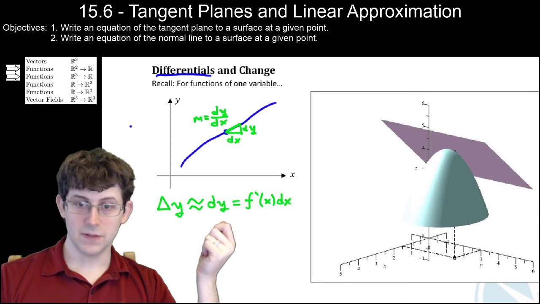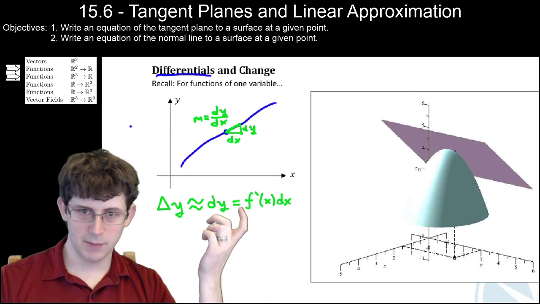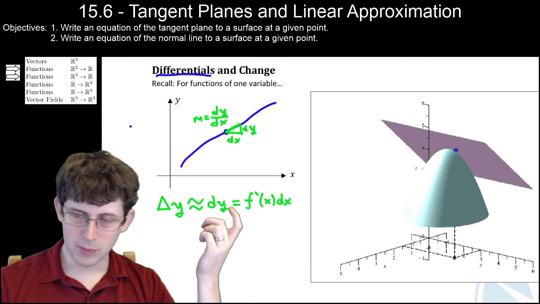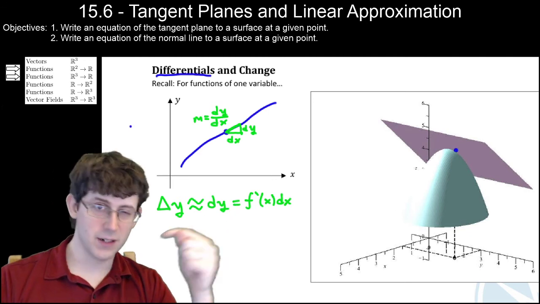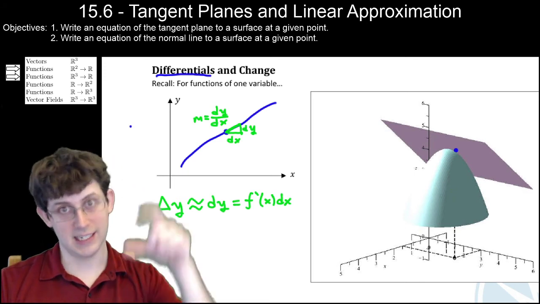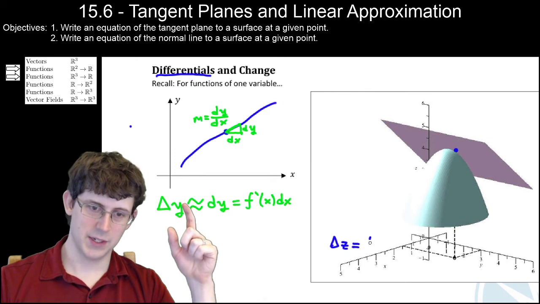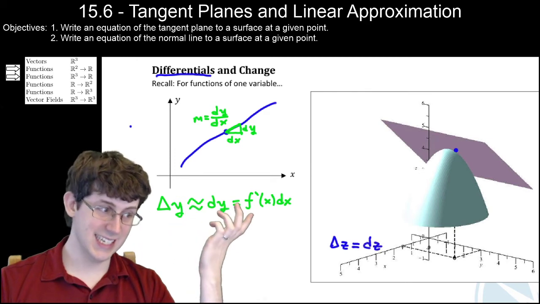For functions of two variables, where we're looking at a surface, you just do the exact same thing, but you say that, well, okay, at this point, if we go over in the x direction by a little bit and over in the y direction by a little bit, that'll cause z to change by a little bit. So the change in z, we'll say, is approximately dz.